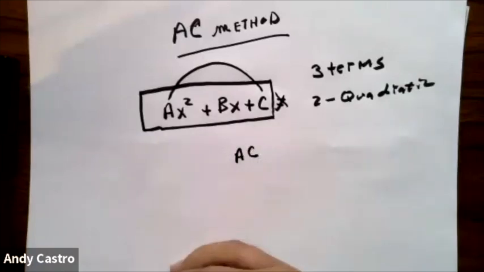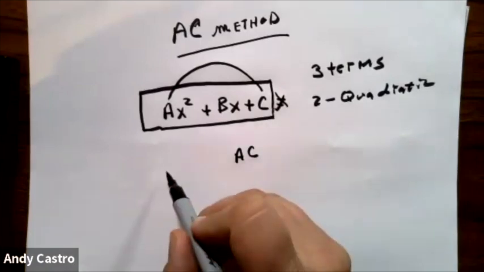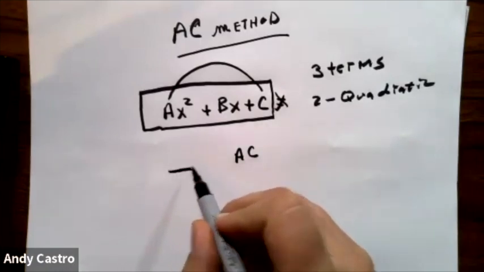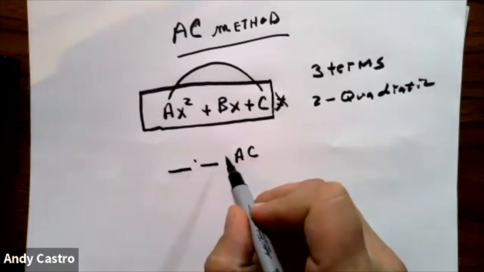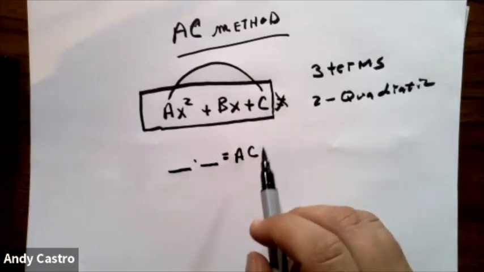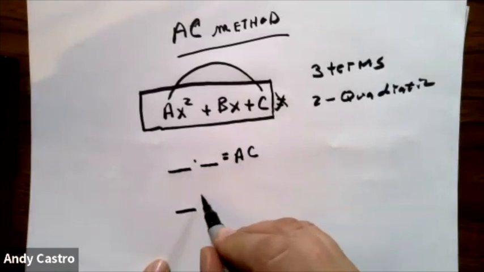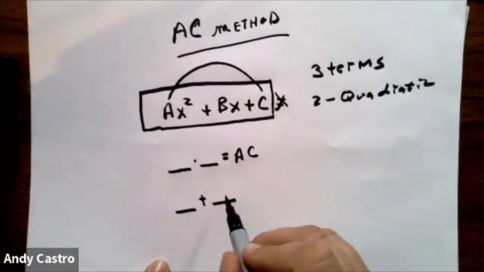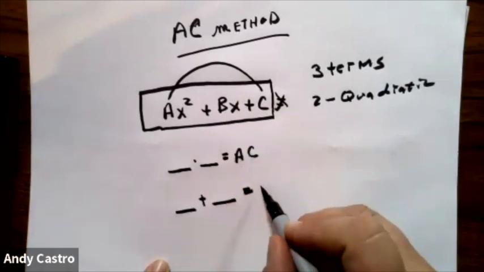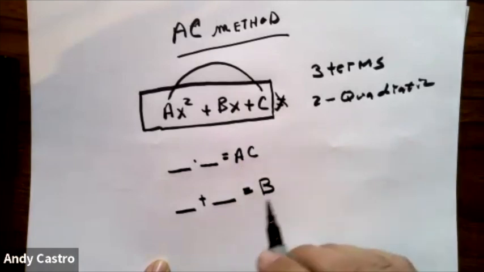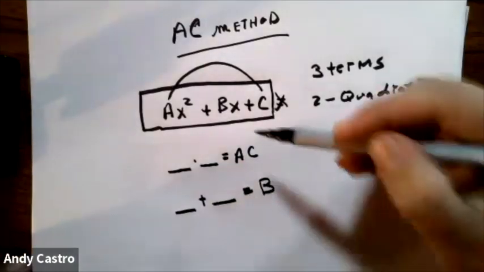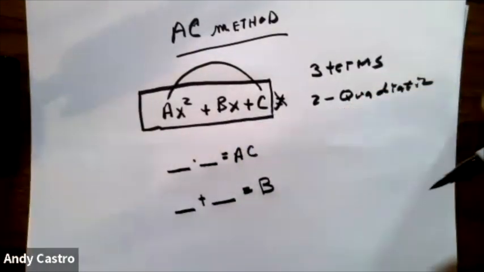We're going to find two numbers that, when multiplied, give us that AC, but when they are added together, give us the coefficient of the middle term, B.